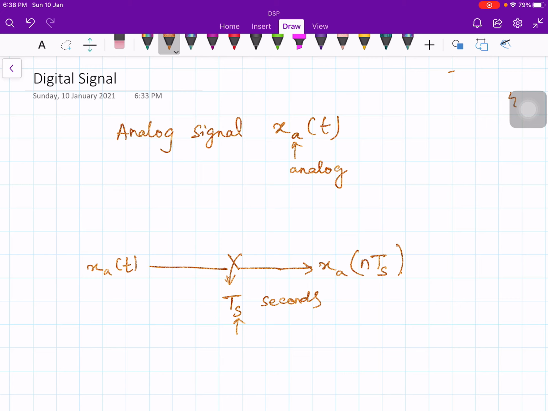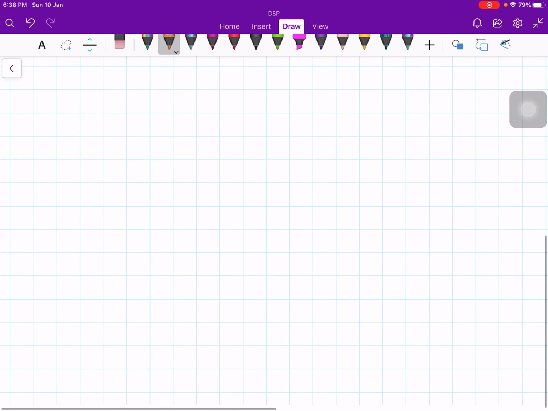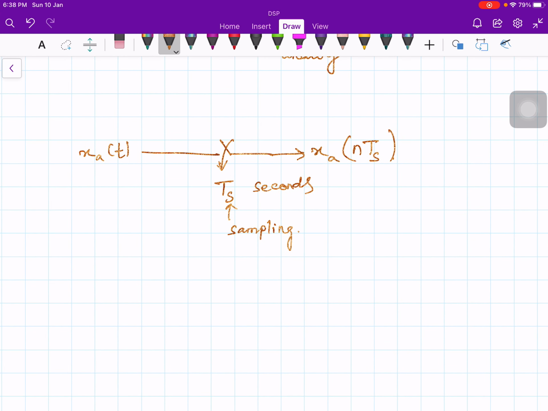Here this s indicates sampling time or sampling interval, and T indicates time, capital T. Or simply you can say T instead of calling Ts, let me call it T alone, not an issue. Okay, so this T is related to the frequency as 1 over F suffix s.